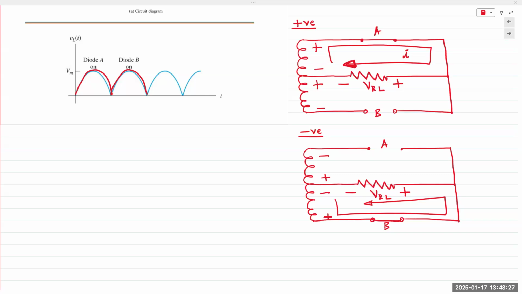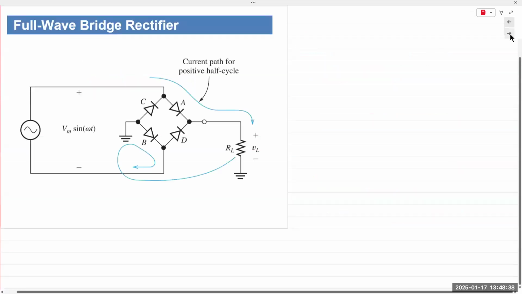Okay. I'm assuming everybody understood everything. Want to have a pop quiz? Well, let's not have a pop quiz, but how about explaining the full wave bridge rectifier?